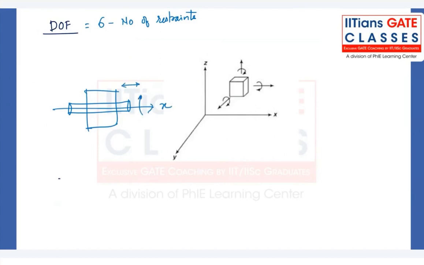But we are making sure that it will not translate in the y direction or z direction, and will not rotate about the y or z axis. So basically we are putting 4 constraints on it. So 6 minus 4 is 2. There are a total of 2 degrees of freedom, and that is translation in the x direction and rotation about the x direction.